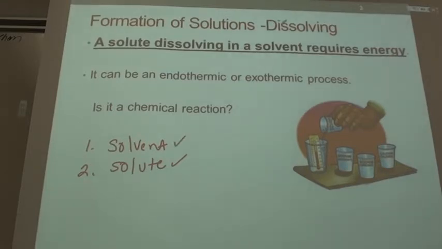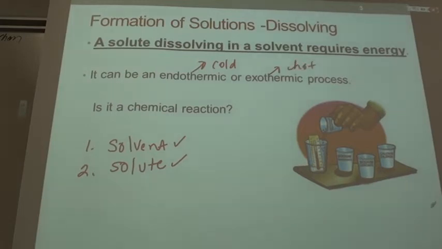When a solution is formed, when a solvent dissolves a solute, it can be a process that is endothermic or exothermic. This endothermic one would feel hot or cold? Cold, because the surroundings are giving energy to the system, which is the dissolving solute. Exothermic would feel hot.